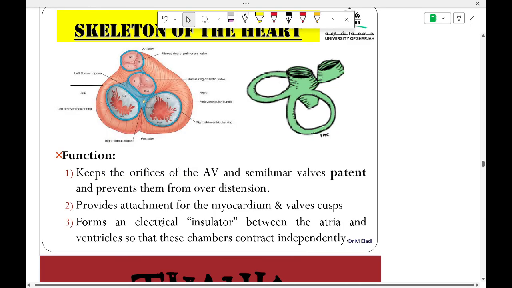It will provide an attachment for the myocardium and the valve cusps, just to make sure that there is a coordination between the valve function and the muscle contraction in different periods of the cardiac cycle, and it's going to help in insulating. The electrical insulation is really important, as this will help the atria contract and then the ventricles contract, so they don't contract together.